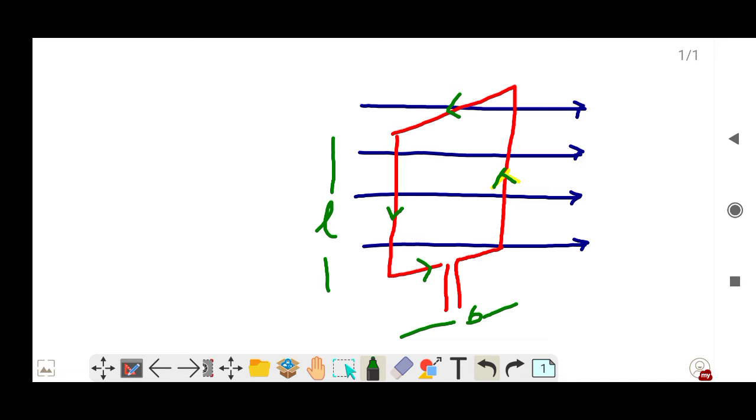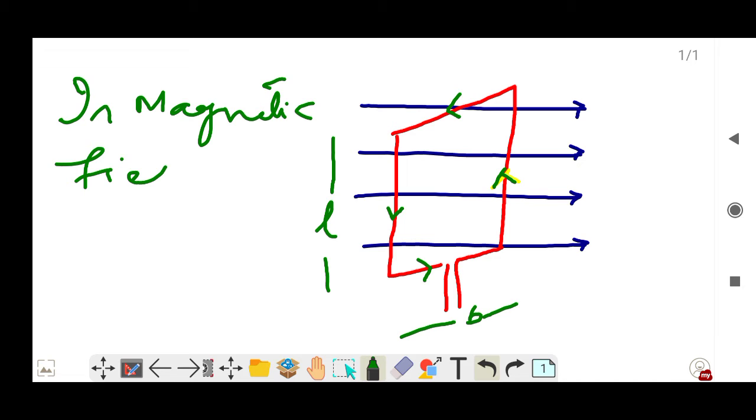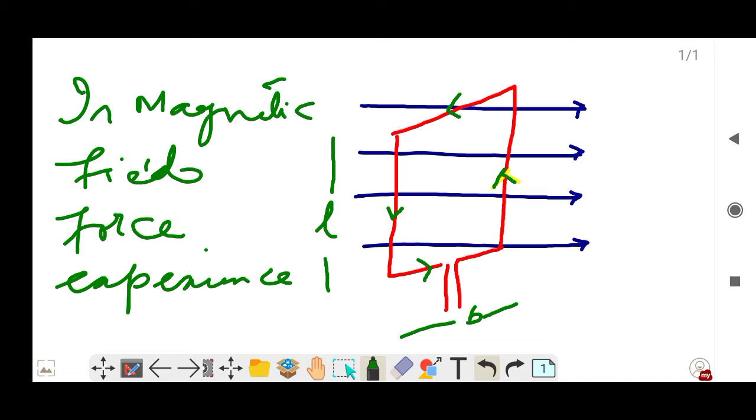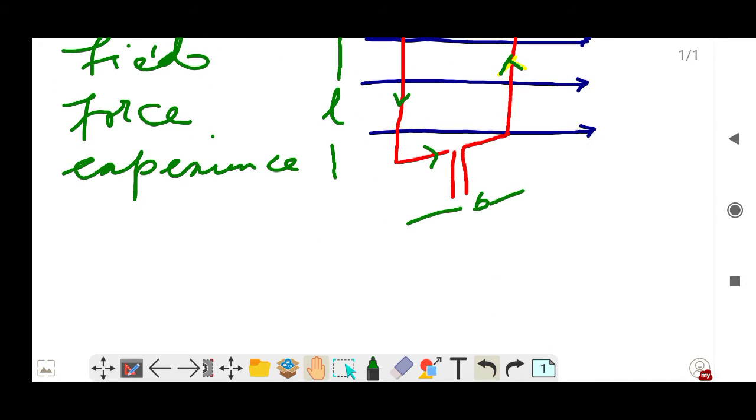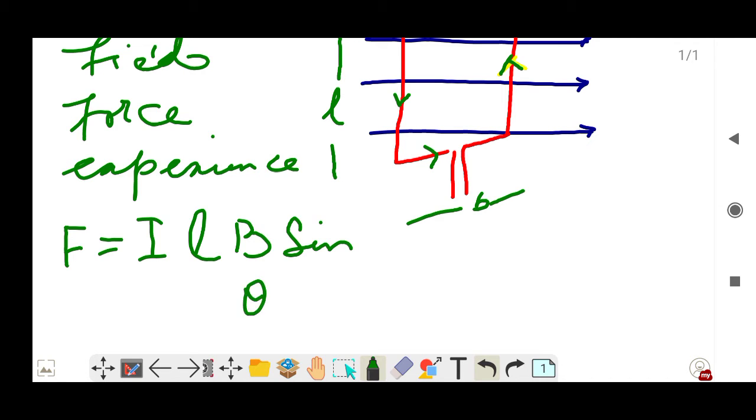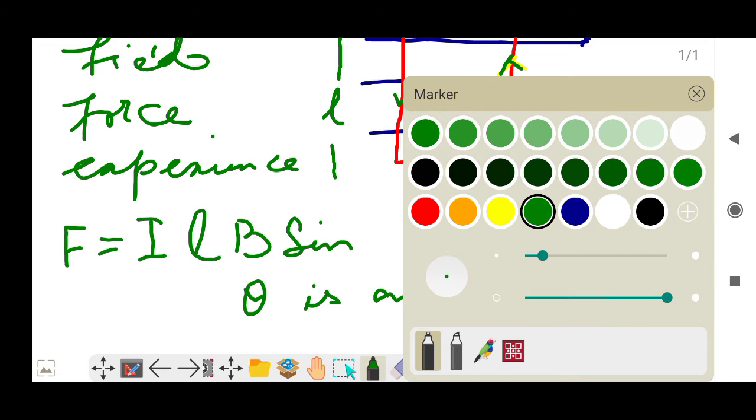And we already know that if a current carrying conductor is placed in the magnetic field, the force experienced by a current carrying conductor is given by I, L, and B. Actually it is I into L into B into sine of theta, where theta is the angle between the conductor length at that point and the magnetic field.